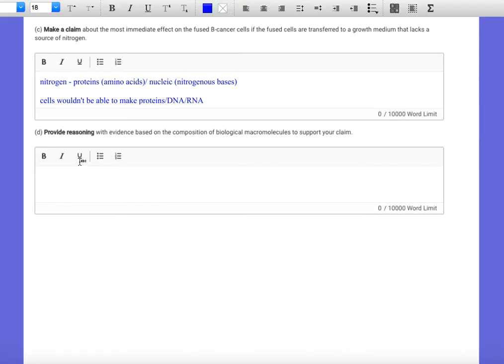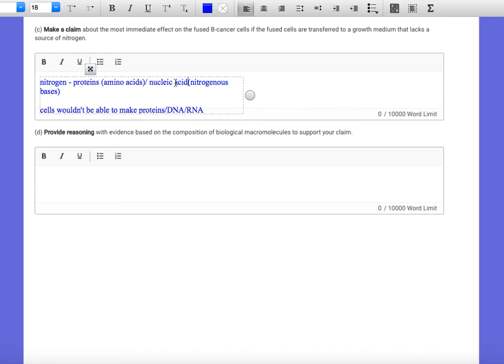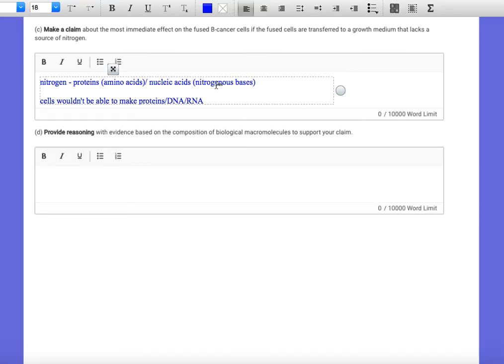And then our reasoning, I guess we already provided it. So cells wouldn't be able to make proteins, DNA, or RNA, because proteins are made of amino acids, which contain nitrogen. And nucleic acids contain nitrogenous bases, which contain nitrogen. So there's our reasoning.